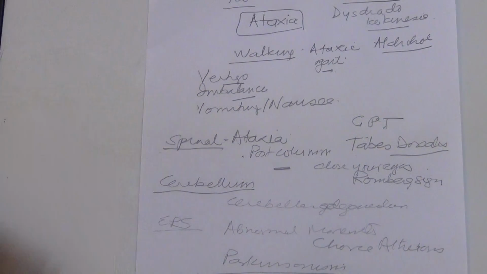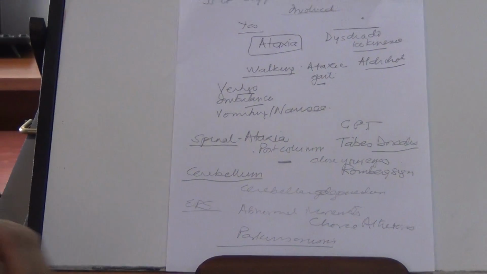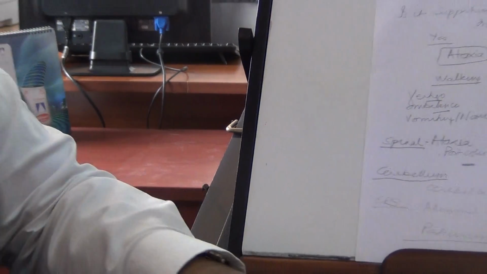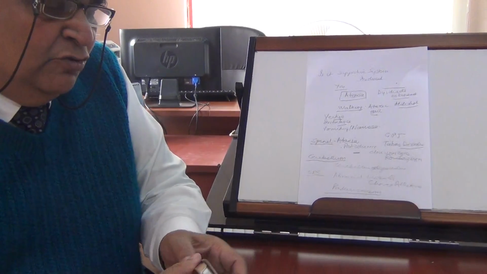So these are the abnormalities of the cerebellar system, or the supportive reflex system, which supports locomotion or movement.